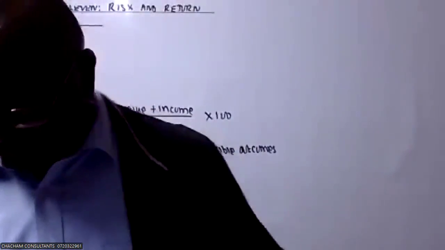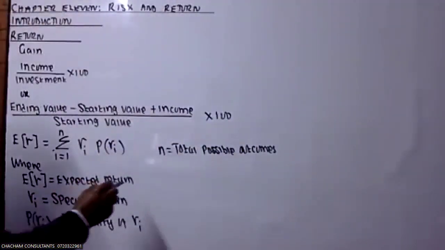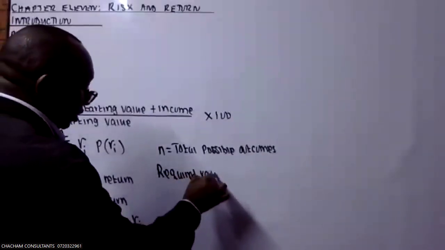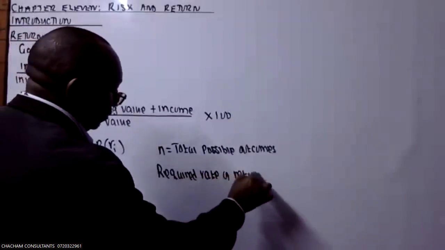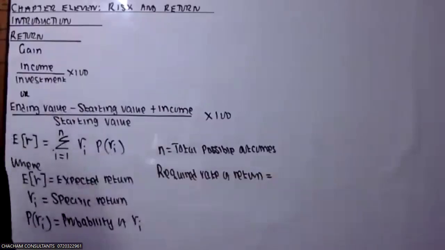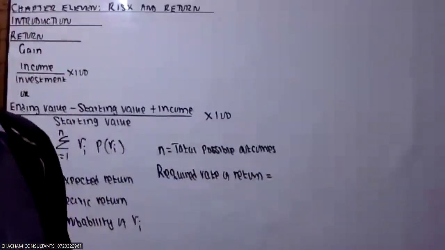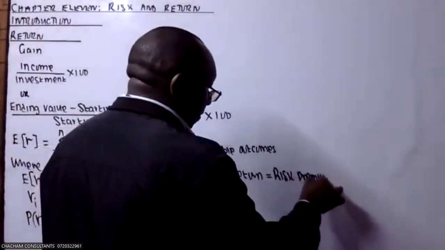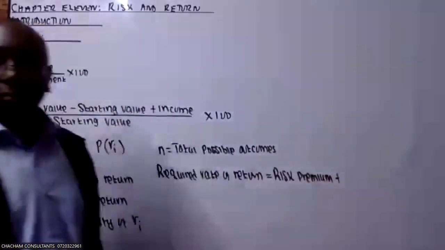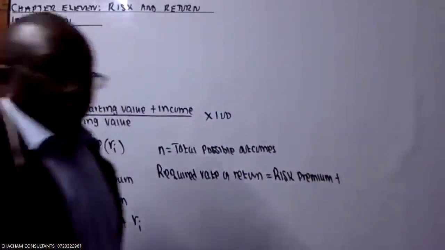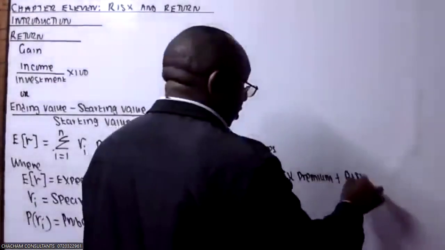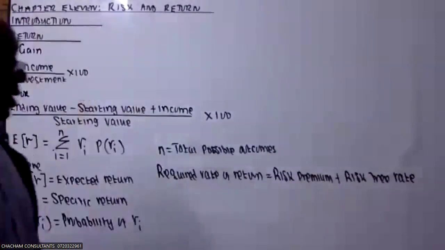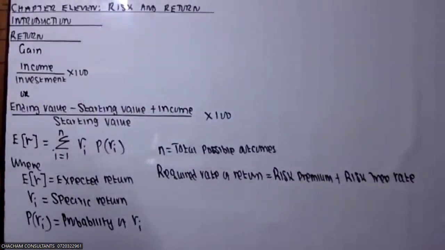It is computed as: required rate of return is equal to risk premium plus risk-free rate.